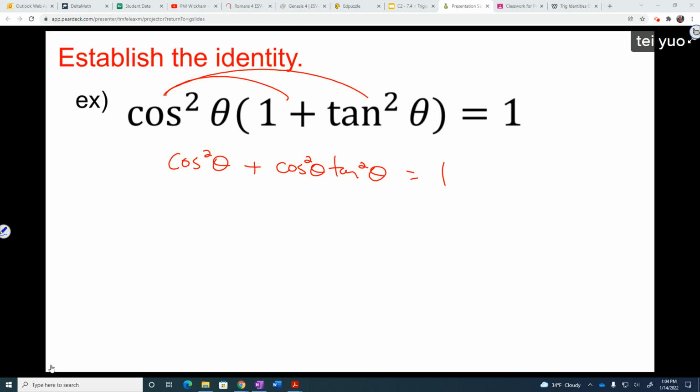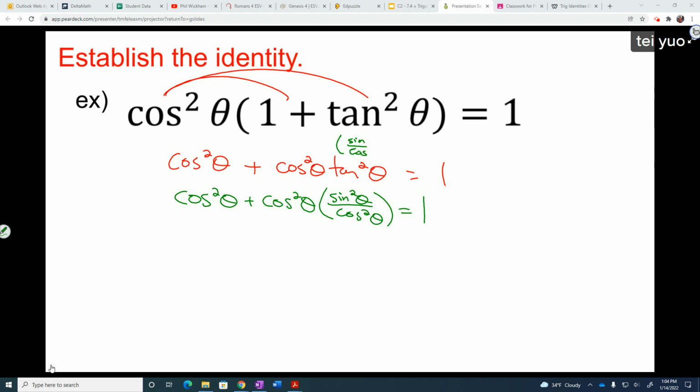Although this isn't one of our identities, we know this to be true. Tan squared is equivalent to, well, sine over cosine is tan. So for tan squared, we can make it sine squared over cosine squared. That works. So where it says cosine squared theta plus cosine squared theta times sine squared theta over cosine squared theta, we're allowed to do that. We can square each of these individually and it'll be the same as this.